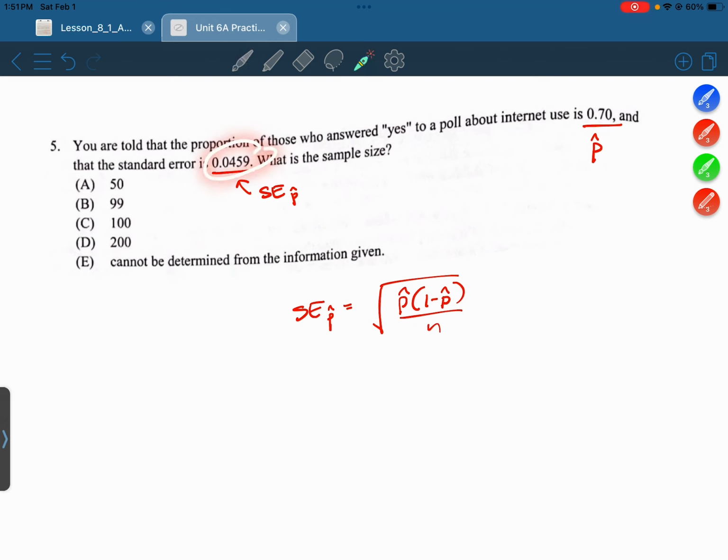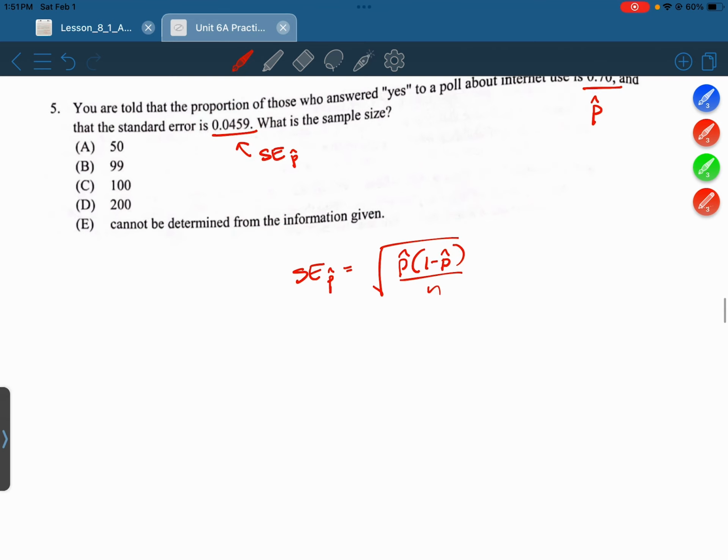So we know the value of the standard error. We can plug that in. We know the sample proportion, or p hat. We can plug that in. And then there's just one unknown, so we'll just do a bit of algebra to figure it out. 0.0459 equals the square root of 0.70 times 0.30 over n.